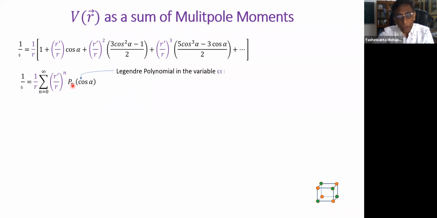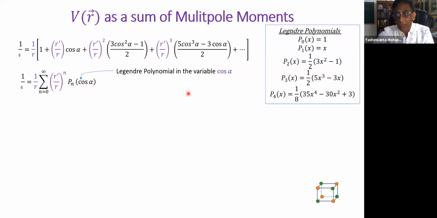This is the Legendre polynomial in the variable cos alpha. So suppose cos alpha was x, then we know it, and this is Legendre. So if n is equal to 0, P0(x) is equal to 1, and P1(x) is equal to x, and so on and so forth. These exact terms come. Surprising, but it does. These polynomials occur as solutions of a very special differential equation, and that's why they keep popping up.